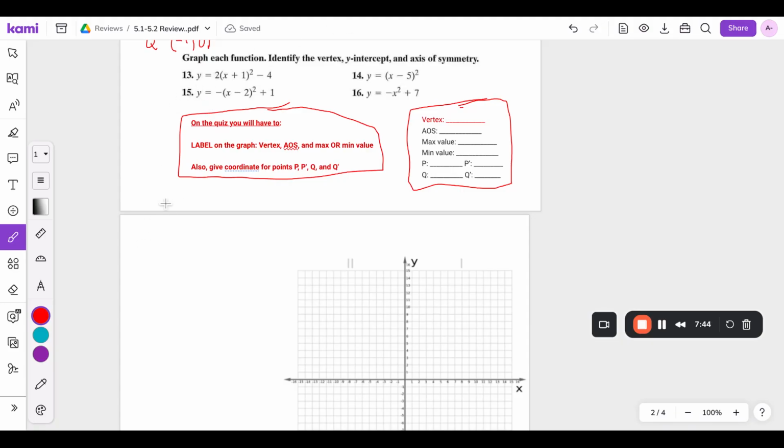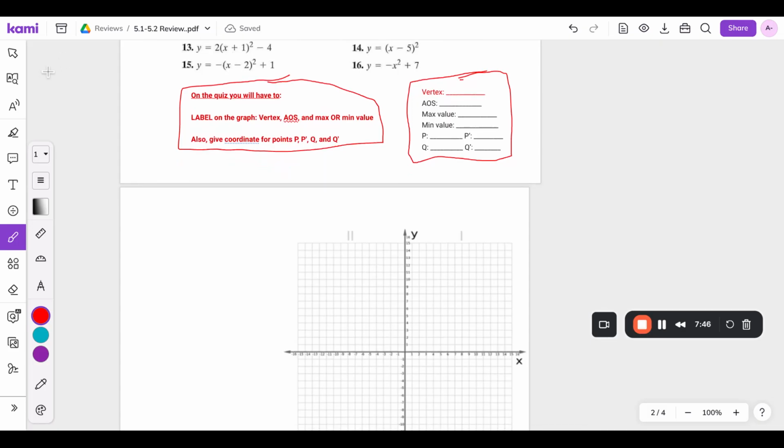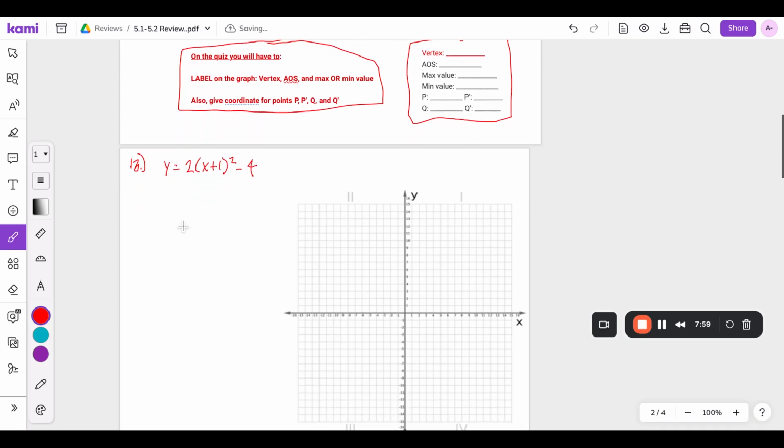You know, if I take a look at number 13, number 13 is y equals 2 times (x plus 1) squared minus 4. All right, I'm going to move this up.